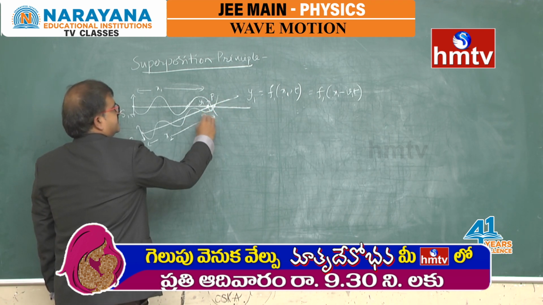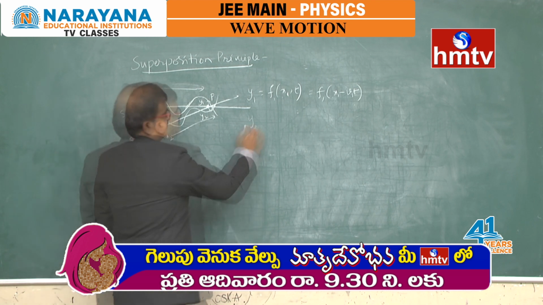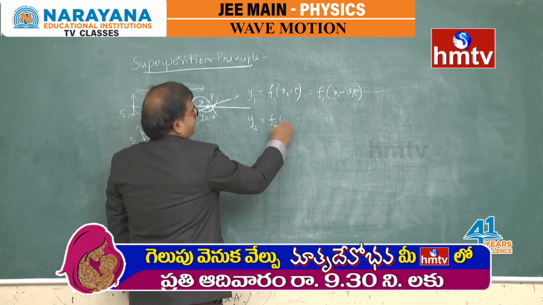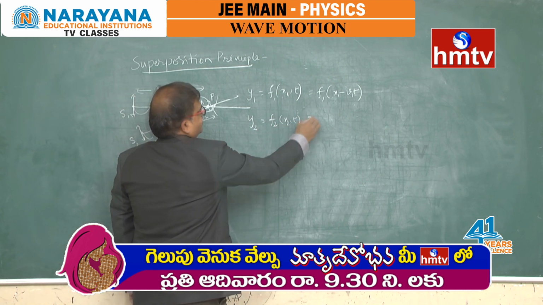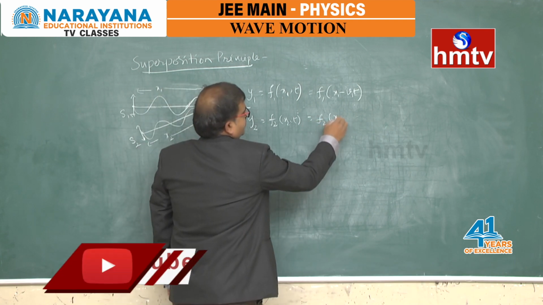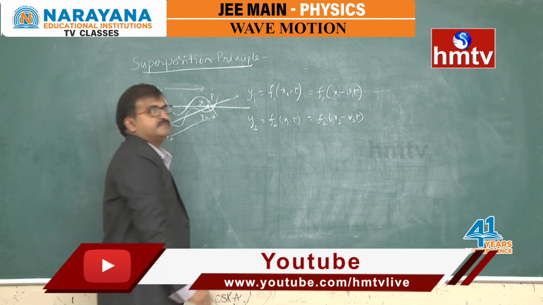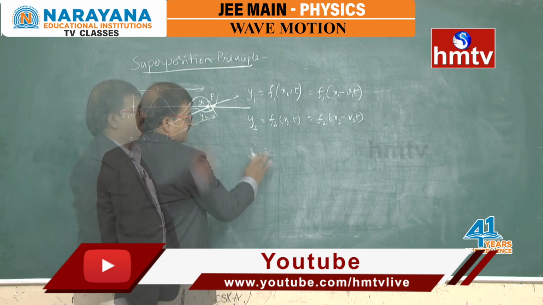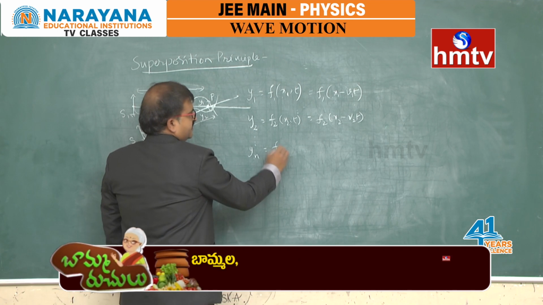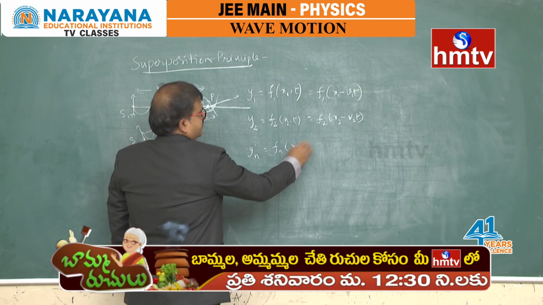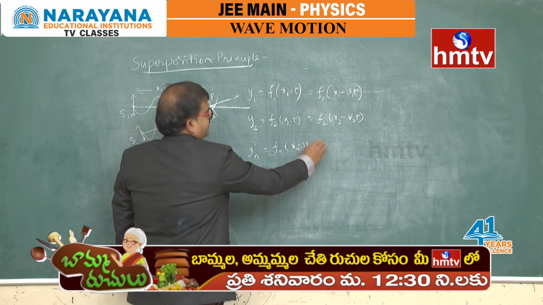If this displacement is taken as y2, then y2 is some function of x2 comma time t, or simply f2 of x2 minus v2 into t. Like this, a set of waves is passing through it, like fn of xn minus vn into t.